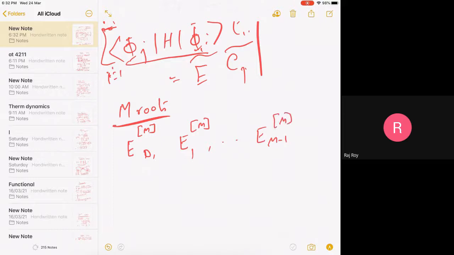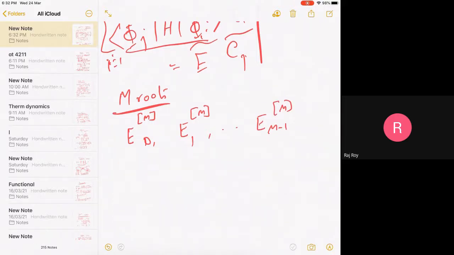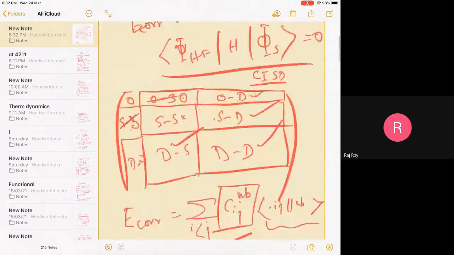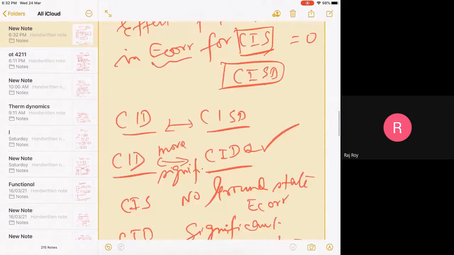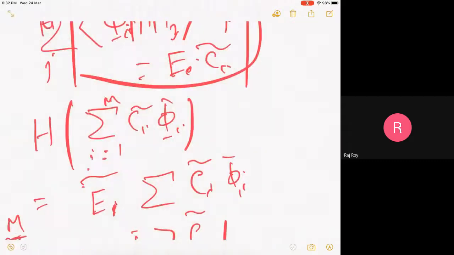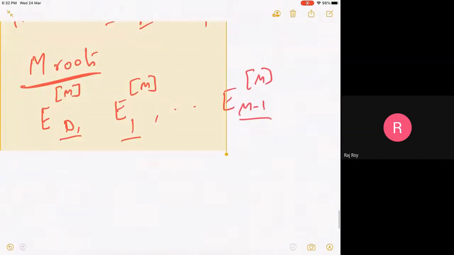The square bracket just tells you the number of bases that is used. So I hope you understood, I get M number of roots in an M basis.